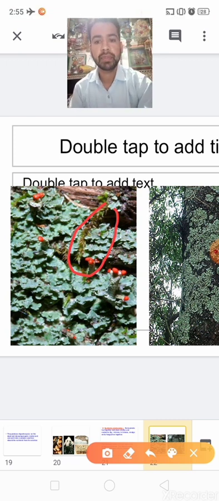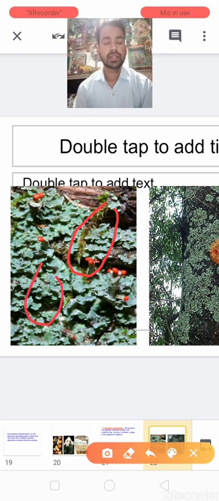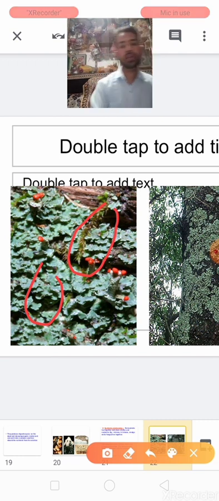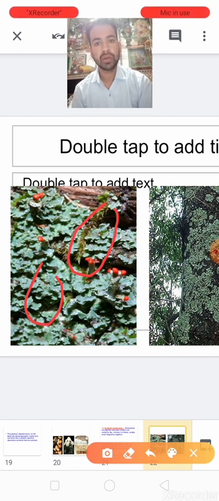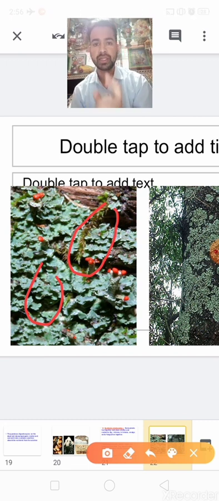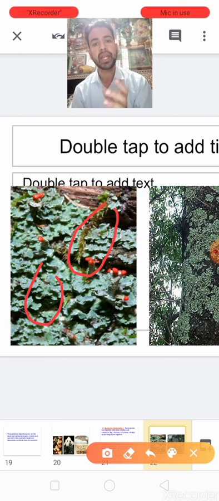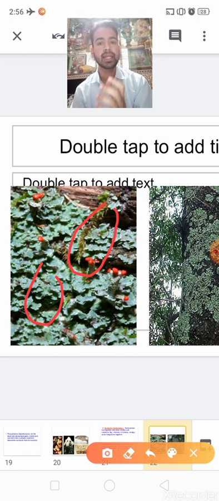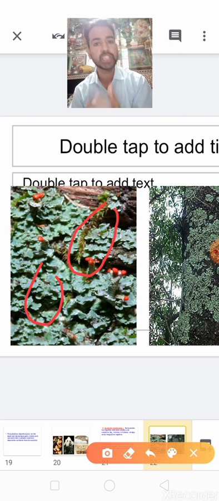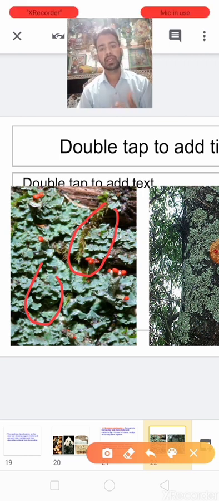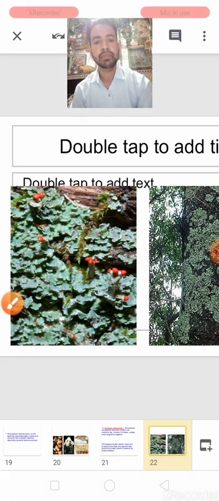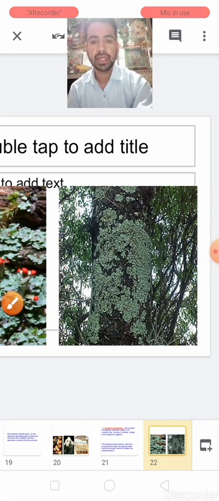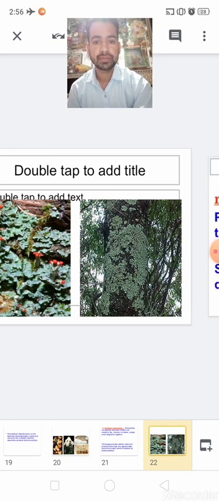So both are living together and they provide benefit to each other. One provides food and the other provides shelter. So that's why they provide benefit to each other, that is symbiotic relationship. And the organisms that undergo symbiotic relationship are known as symbionts. Okay, clear? Let's move forward.